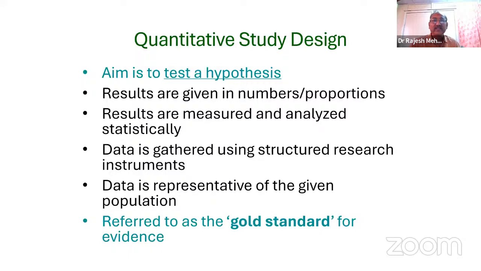This quantitative study design, or analytical research, here comes the word research. When you are using epidemiology, you are using a particular study design, and once you decide which kind of epidemiology you are going to use, then we use the word research.